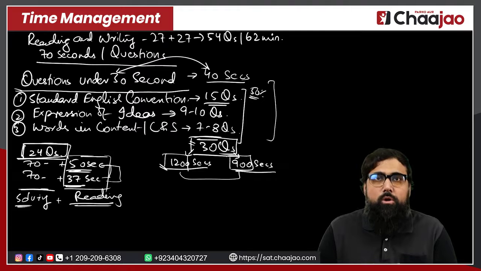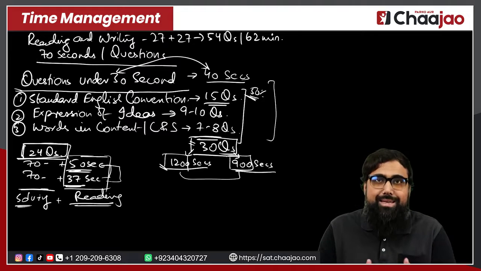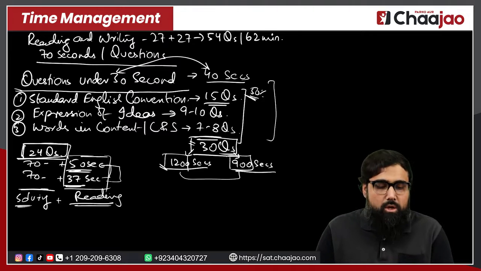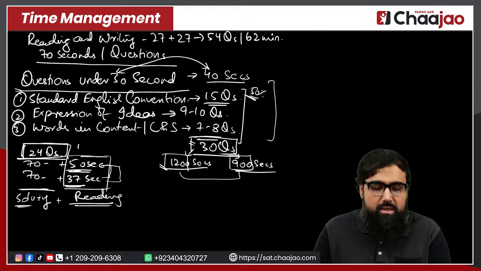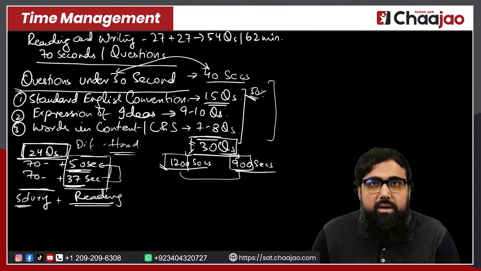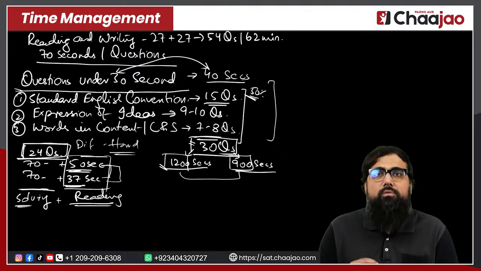If you do this, it will give you 2 benefits. Firstly, you will solve 50% of the paper in a lesser amount of time. That will boost your confidence as well. And secondly, you will have time for solving the difficult or harder questions as well. So you will complete your paper in time, and the effectiveness of solving the paper will also increase.